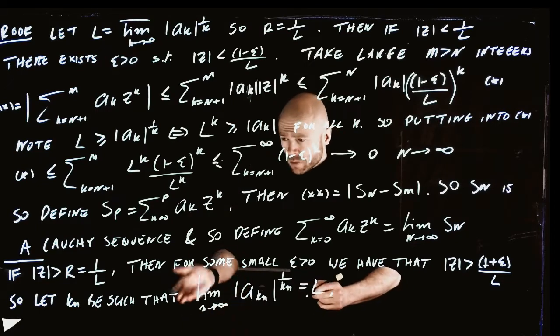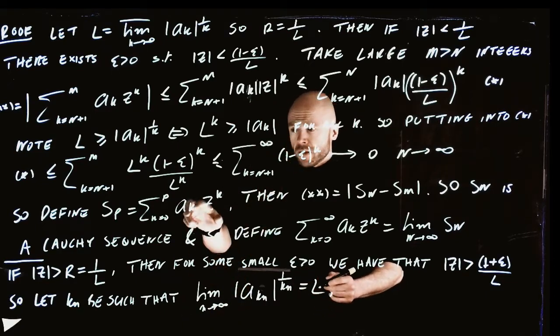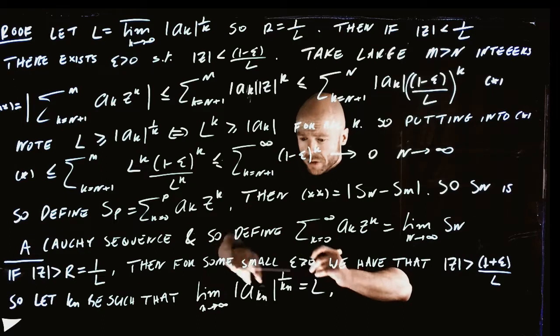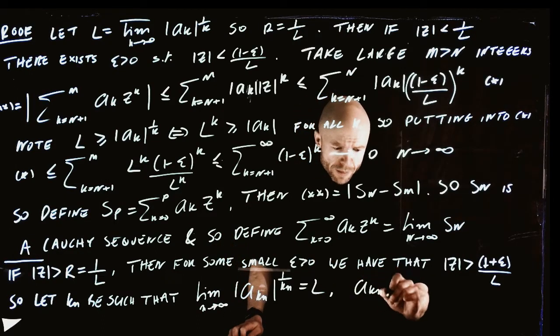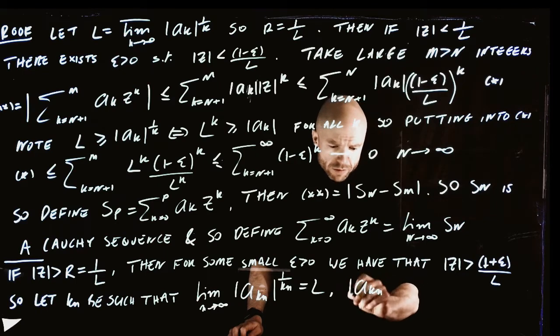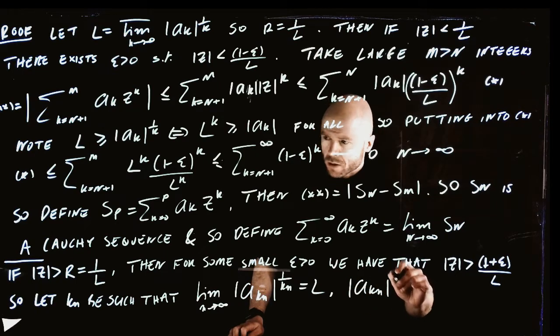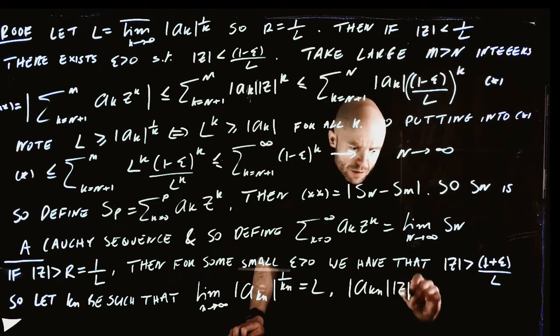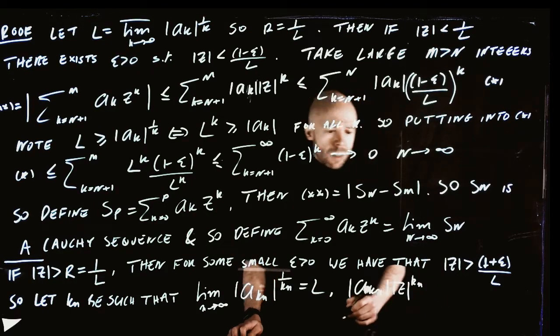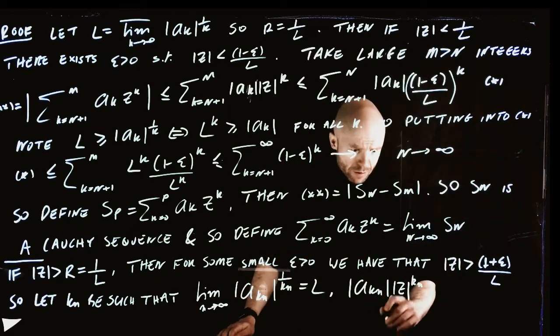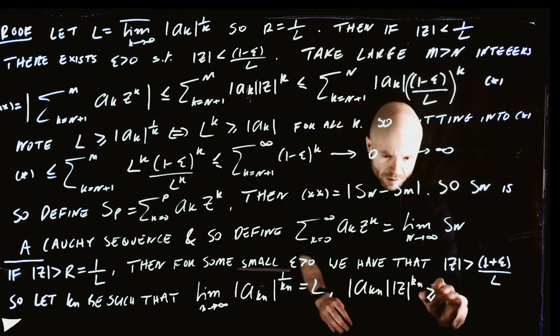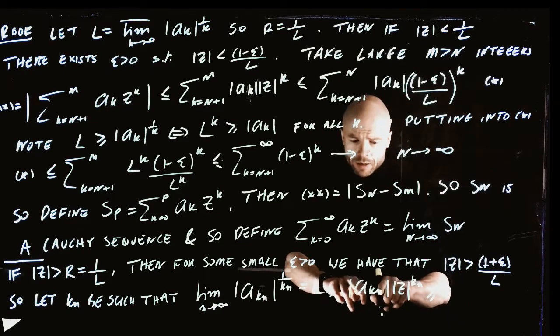Then what happens? Well, we're going to consider these terms. For this subsequence, let's look at a_{k_n} times, taking the absolute value of everything, mod z to the k_n. Well, what do we know? We know that this thing here is bigger than this, and this guy here is getting closer and closer to L, right?